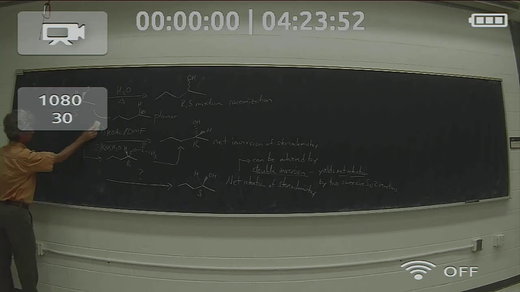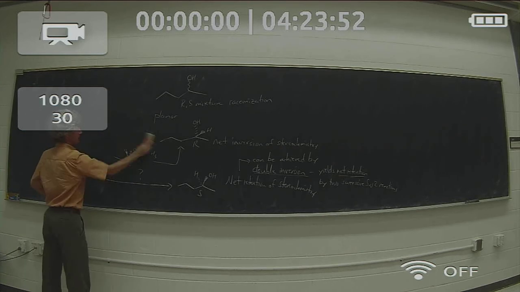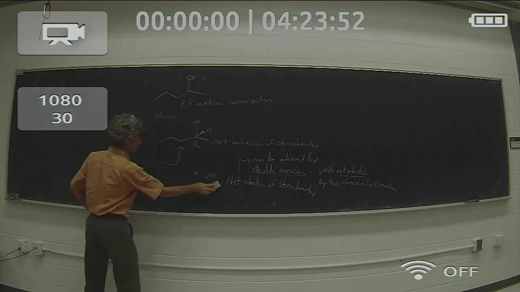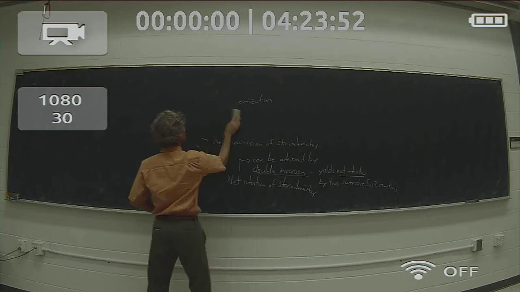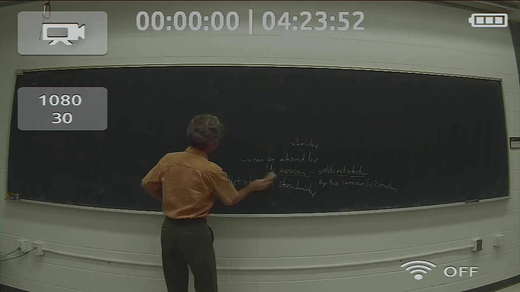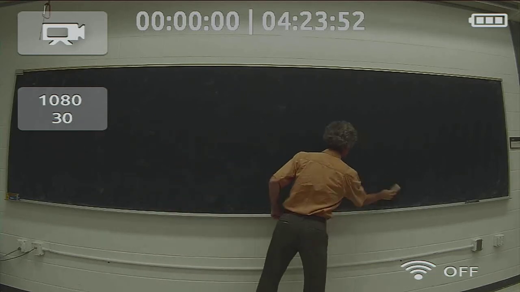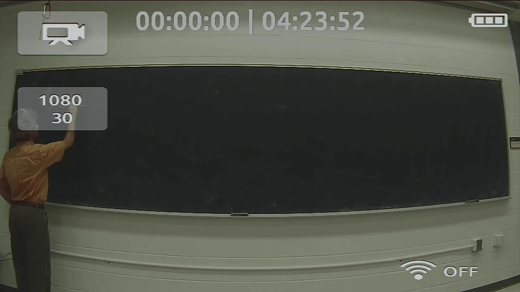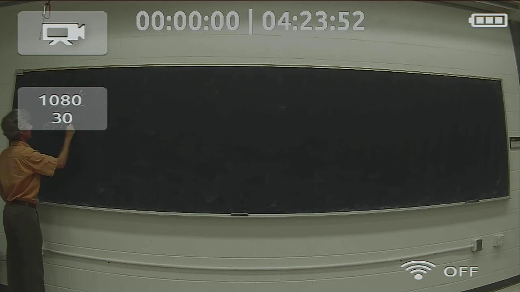What we're going to need in order to get net retention is either the S-bromo compound or the S-chloro compound. So let's change that system to start with S-2-bromopentane.